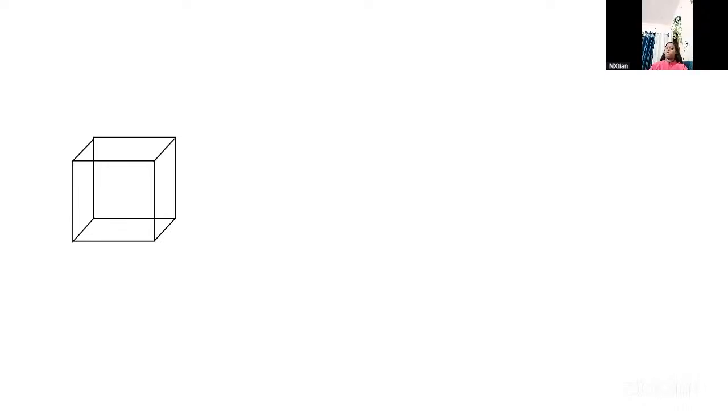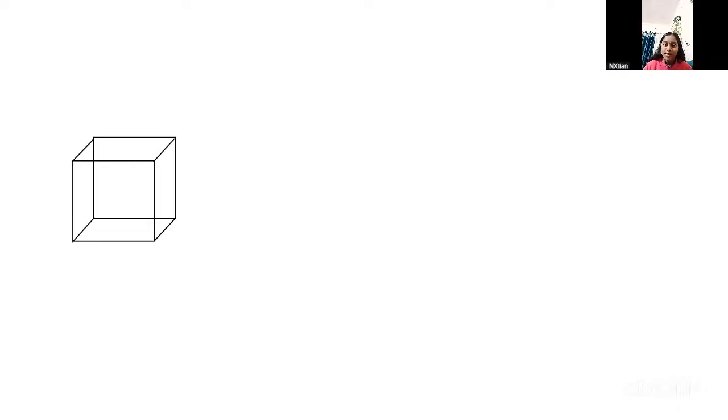Like this. So we have a cube. Cube is made up of 6 squares, right?